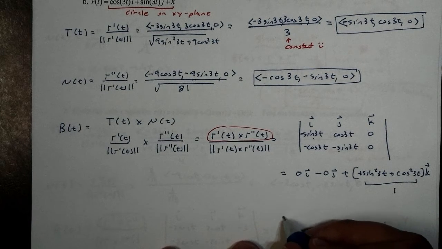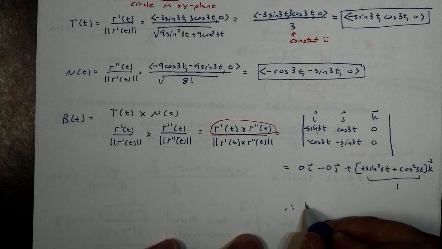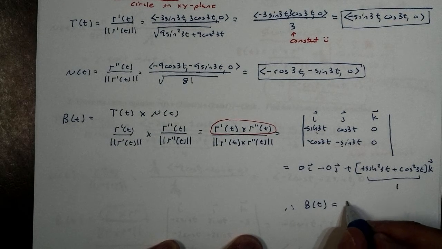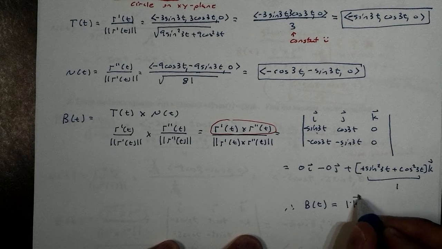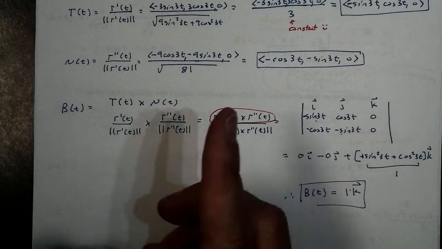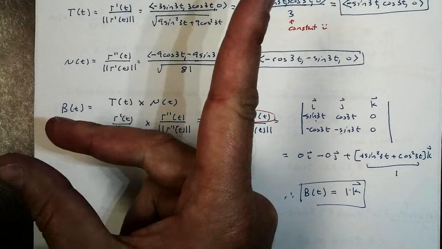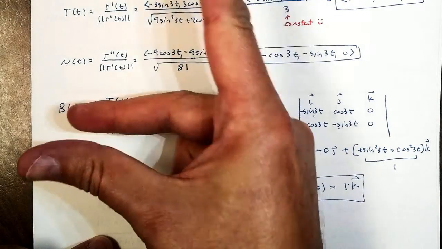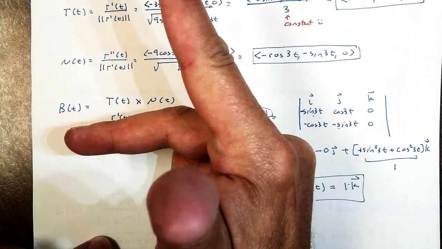So therefore, our binormal vector is just 1k. Think about what that means in physics. We have our tangent vector, we have our unit normal vector. We're going around a circle, right? Where is our normal force? It's going straight up.